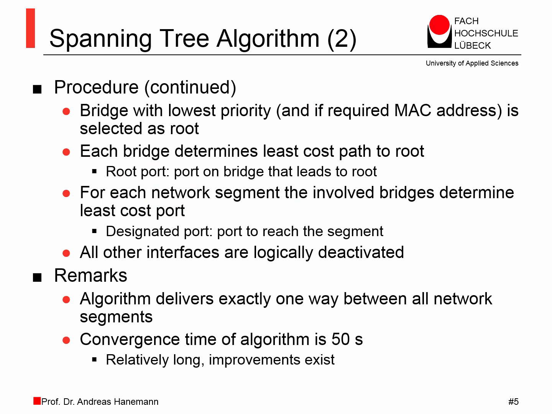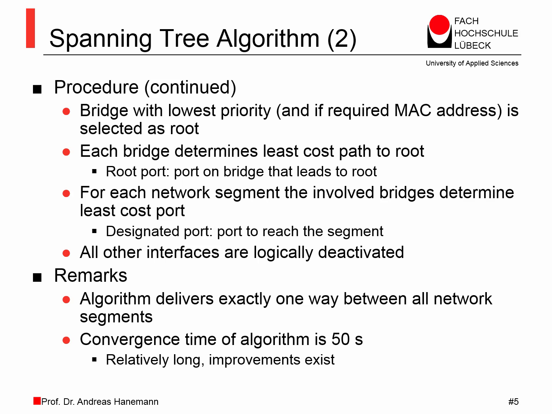Now we resume looking at the algorithm in general. After these bridge PDU exchanges, the root is finally identified. Each bridge can then determine the least cost path to the root and select the port which leads to the root as the so-called root port. Then each network segment is considered based on the ports that are connected to it.